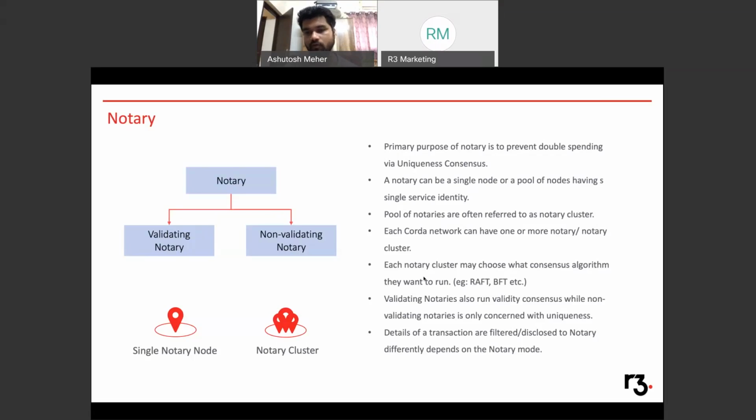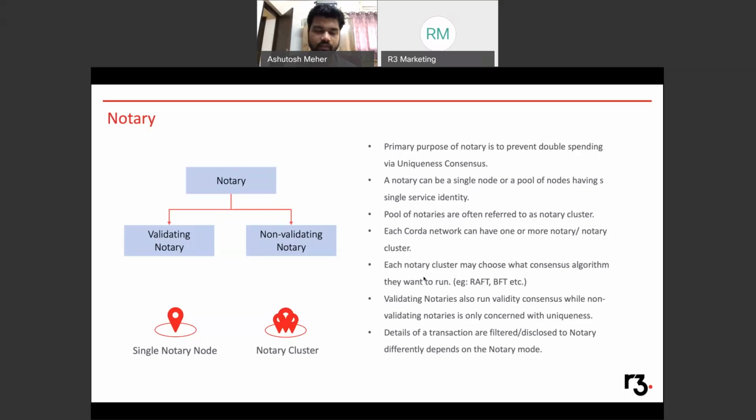It can't do that without looking at the entire information about what's going on in the transaction, because it needs to run the contract, or run the business rules, based on the content of the transaction, and make sure that everything is happening perfectly right. So that's a choice which businesses have, and they can choose whether they want to use a validating or a non-validating one.